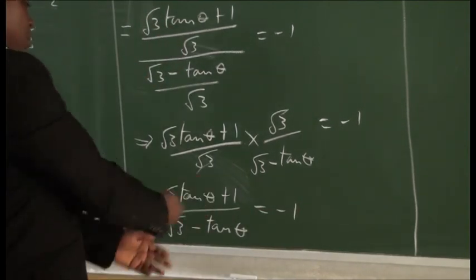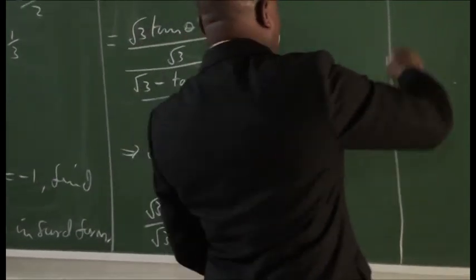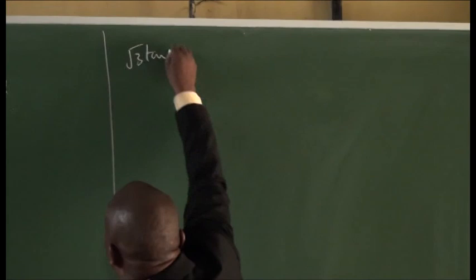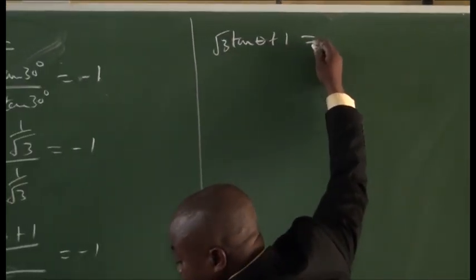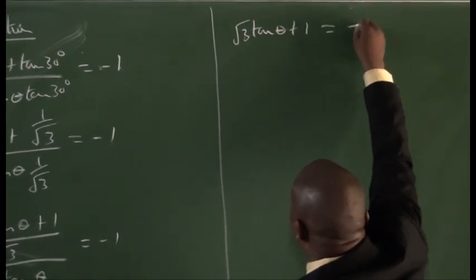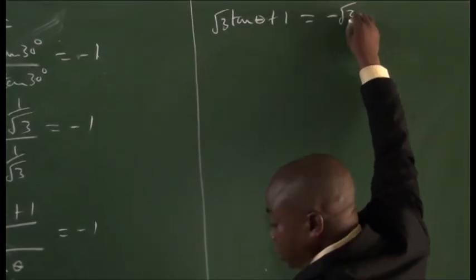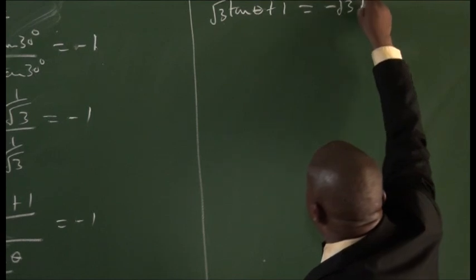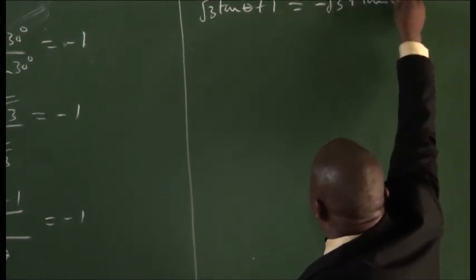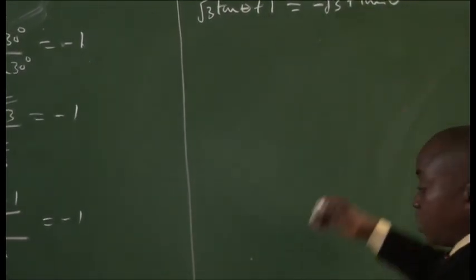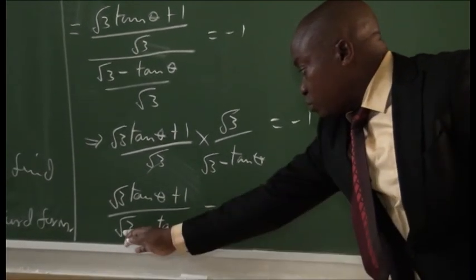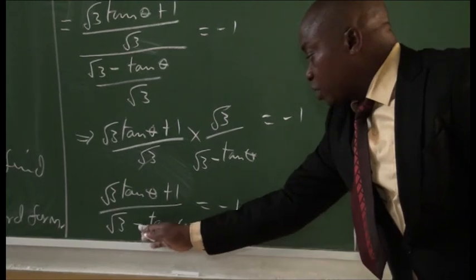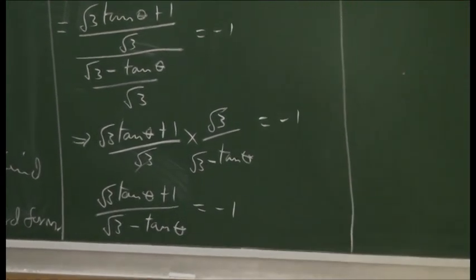So by cross multiplication, we have root 3 tan theta plus 1 equals minus 1 times root 3 minus tan theta, which gives minus root 3 plus tan theta.